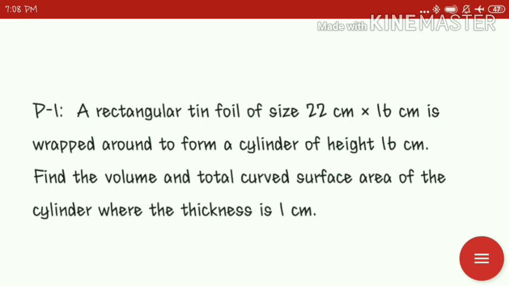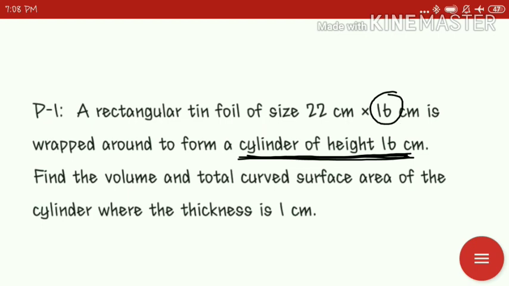It is wrapped so that the ends touch each other and form the cylinder. How to wrap it is already given as a hint: you have taken the cylinder of height 16 centimeter. The height is 16 centimeter, that means the breadth of the rectangular tin foil has become the height.